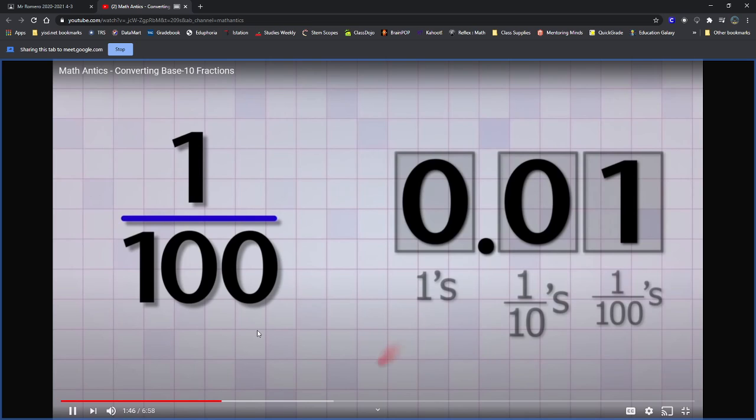Notice what he said there. The zeros are what they call placeholders. It's there to let people know that those place values are blank. So if there's nothing in there, that means that we put zeros to show that they are empty. There's nothing there.